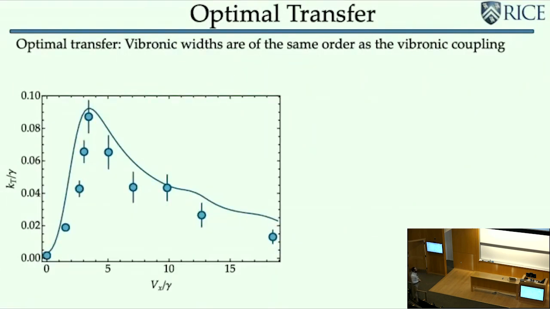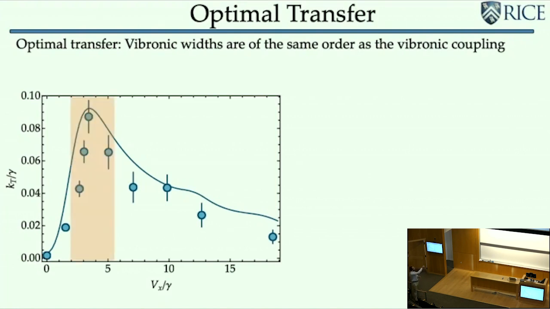But what we can do in this simulator is tune both the coupling and the ratio between the electronic coupling and the cooling rate. And what we see is that there is an optimal transfer regime where you have just the right amount of relaxation to enhance the transfer.